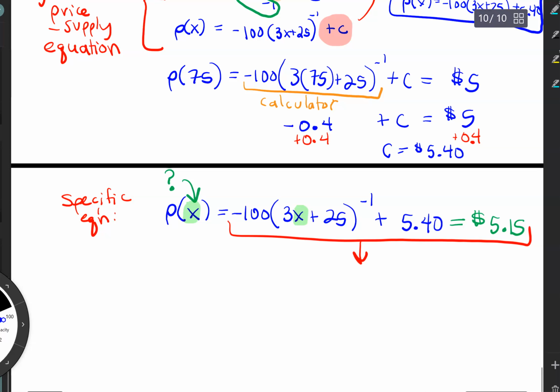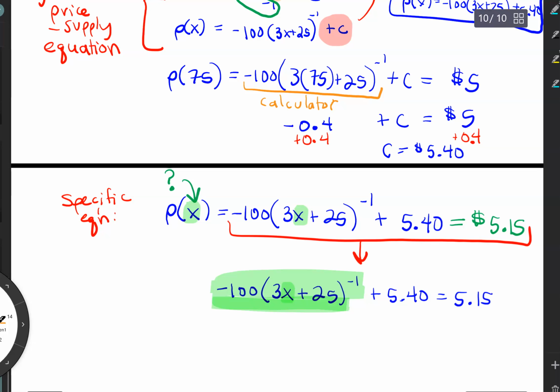We're just leaving the x in there because x is an input, right? Okay. So if we're just doing basic algebra now, if we want to get this x alone, I need to get this whole term alone first. So the first thing I need to do is subtract off the $5.40 from both sides.